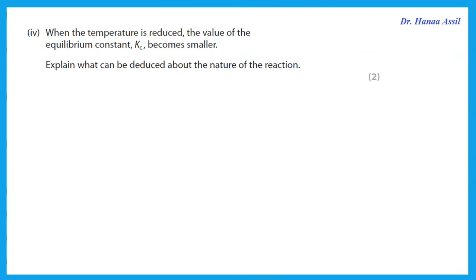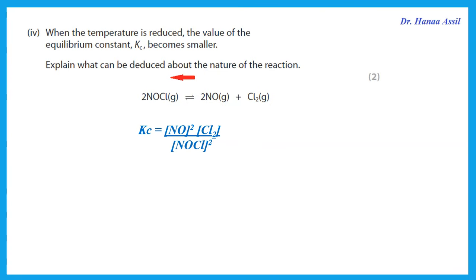When the temperature is reduced, the value of the equilibrium constant Kc becomes smaller. Explain what can be deduced about the nature of the reaction. Remember, if this is the reaction and the value of Kc becomes smaller, first of all, that means we have less products, and that means the point of equilibrium shifts to the left.